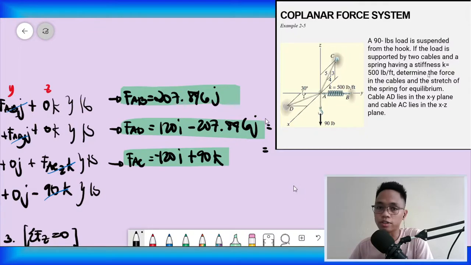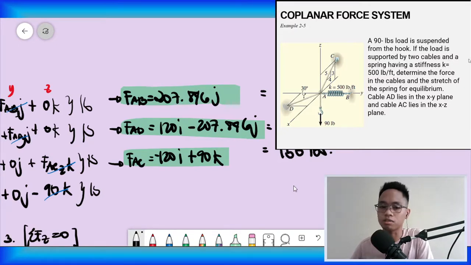That is the force exerted by cable AD. How about the other one? That is the square root of 120 squared plus 90 squared, which is 150 pounds.